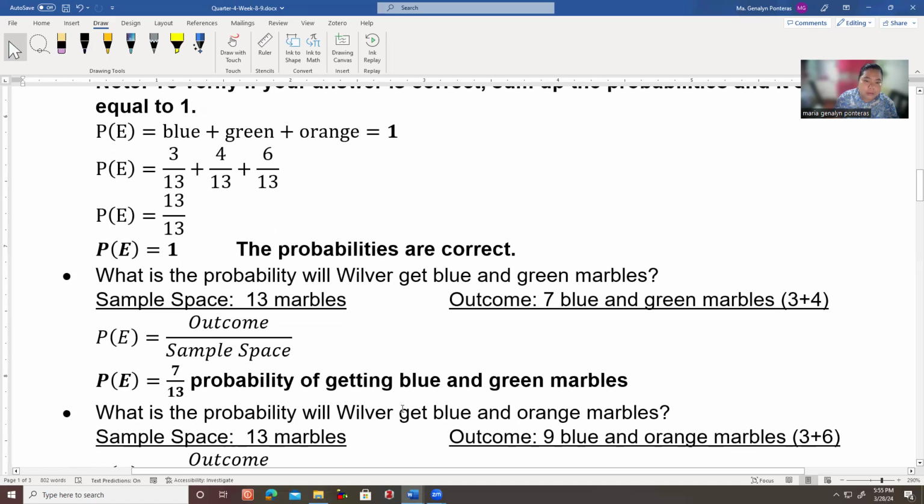Now, what if we want blue and green? Take note, since it is "and", you want blue and green. So you have to add blue and green. Blue and green, you have 7. So 7 over 13.